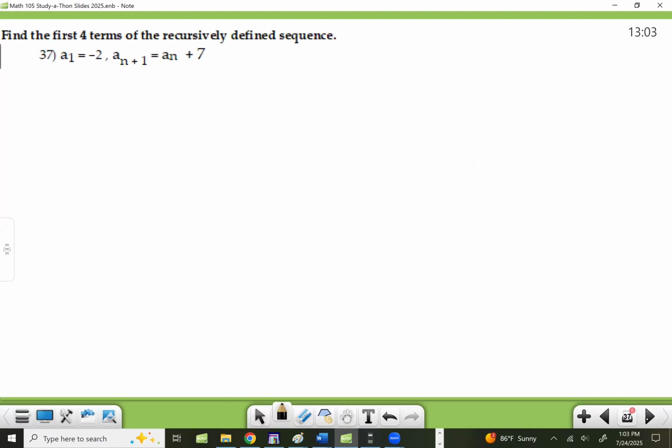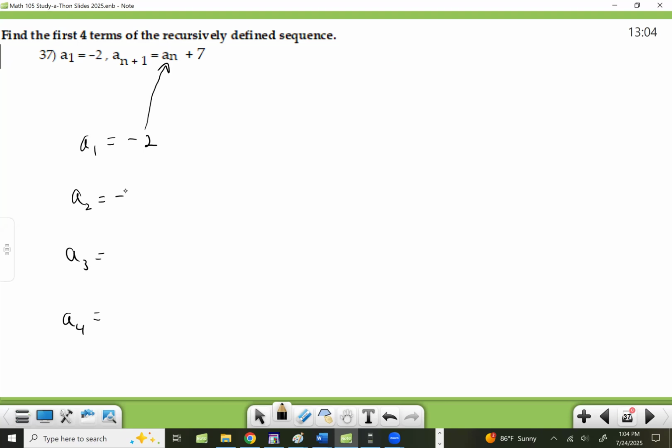You're welcome. All right, number 37. Find the first 4 terms of the recursively defined sequence. So we need to find the first, the second term, third term. Well, they already gave us the first term. Cool. Now, the way that a recursive formula works is that you're going to be plugging in the first term right there to find the second term.